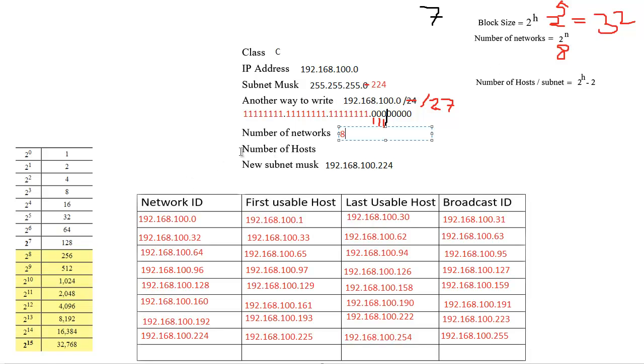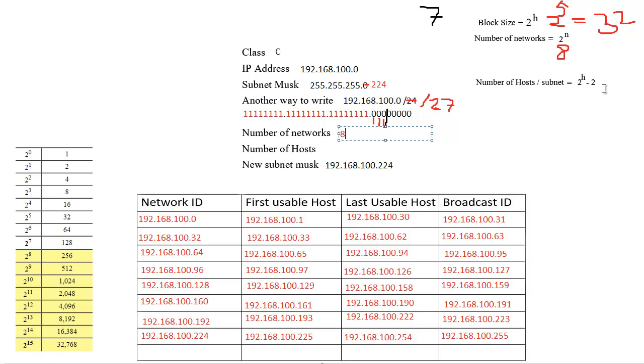Next question, number of hosts per subnet. The number of hosts per subnet is 2 to the power h minus 2, where h is the number of zeros, I mean the number of host bits. So how many zeros or host bits are here? 1, 2, 3, 4, 5.